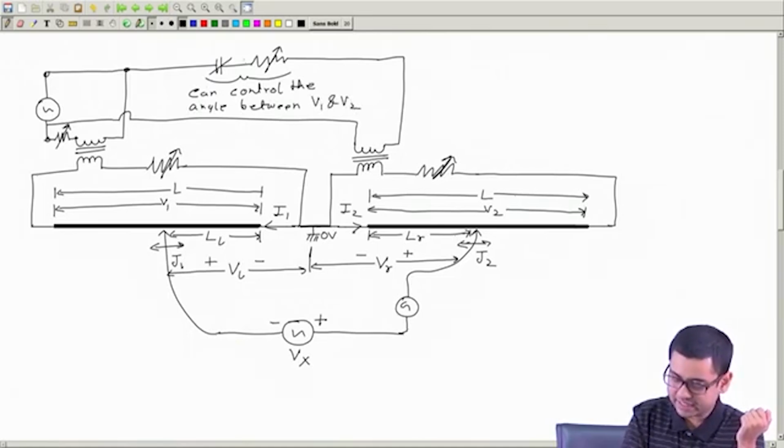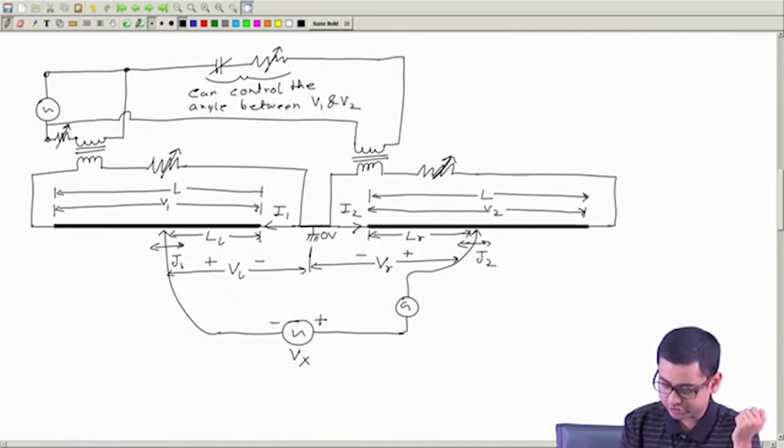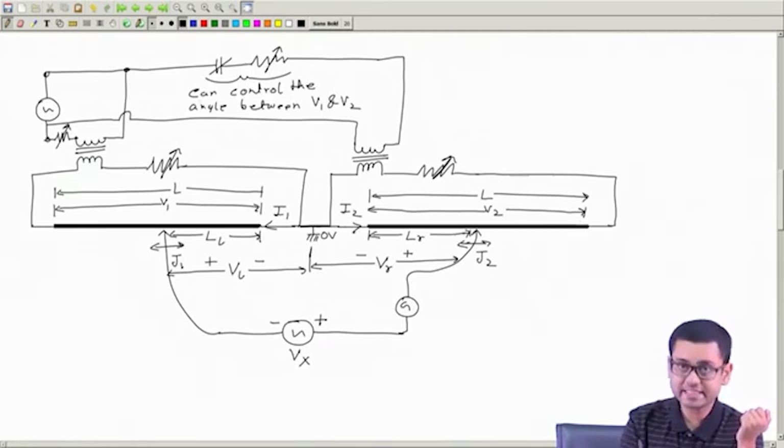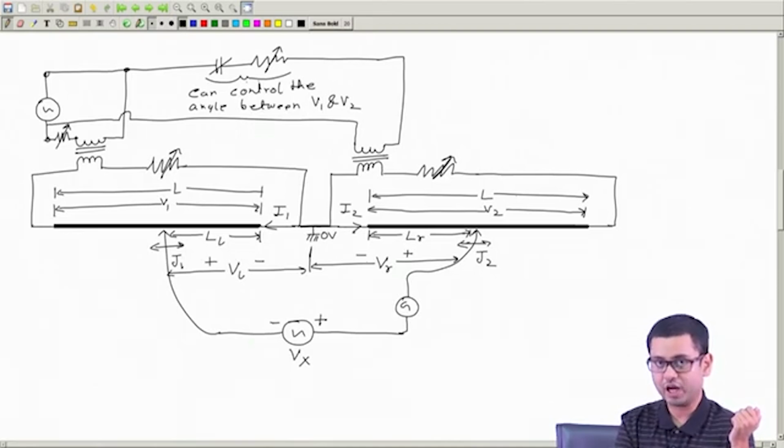Okay. So, you have to adjust this until you get these two voltages V1 and V2 at 90 degree out of phase and same magnitude. So, this is how you can control, how you can change the angle.